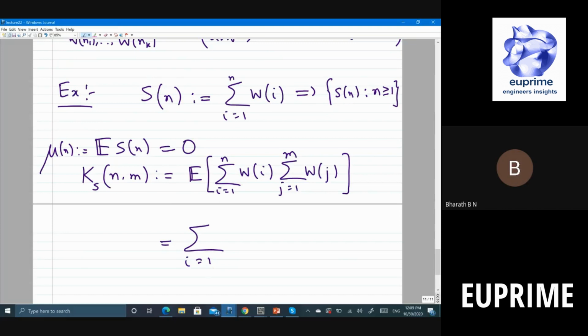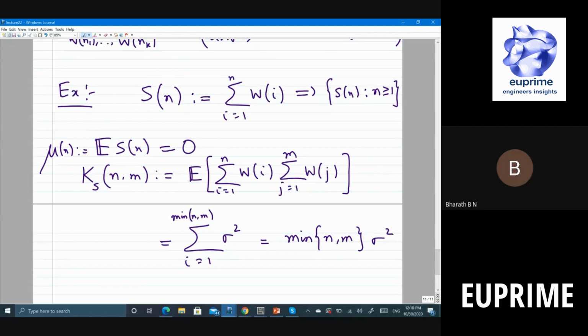So i equal to 1 to, well, whether we should go till n or m depends on whichever is minimum, right? So the expected value of Wi squared is sigma squared. So this is nothing but the minimum of n comma m times sigma squared.